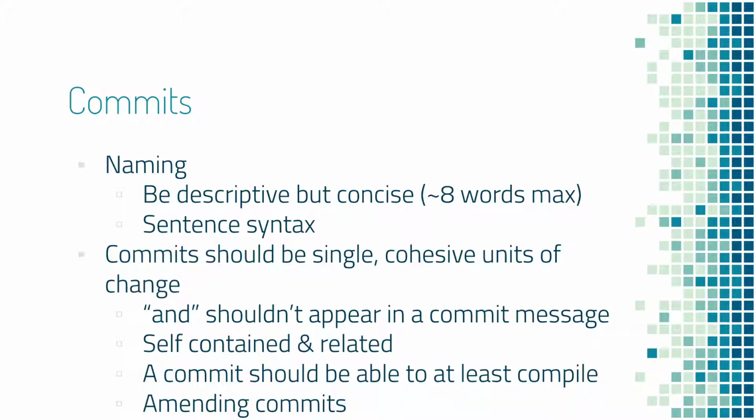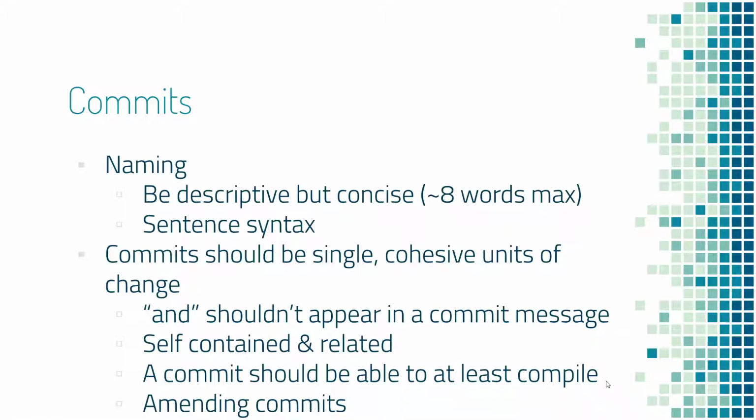Those should be two different commits. These best practices help make sure that happens. So it should be a descriptive but concise message. If the message is too long, you're probably doing too much in a single commit. The word "and" typically shouldn't appear in a commit message, because that means you're doing multiple things at once.